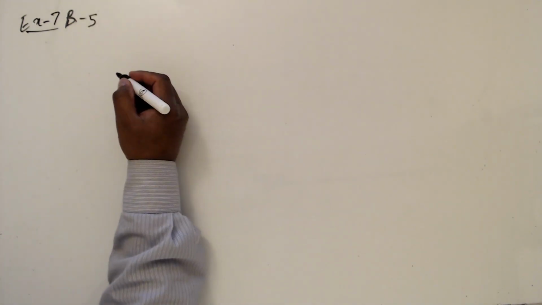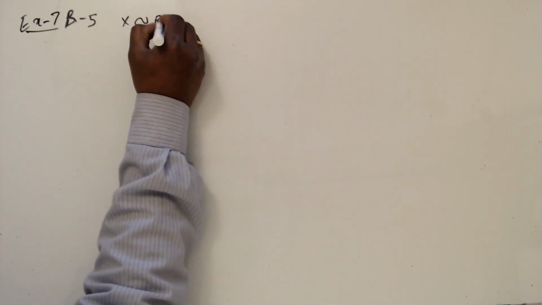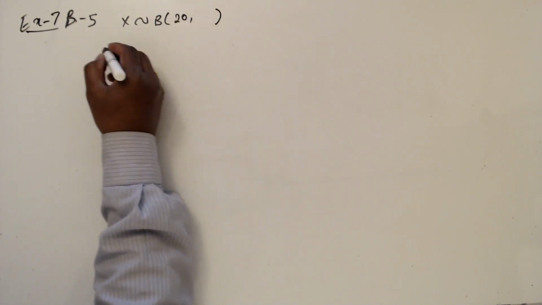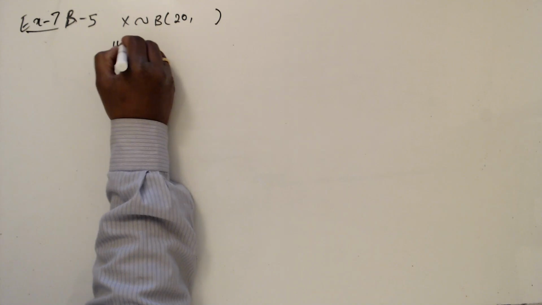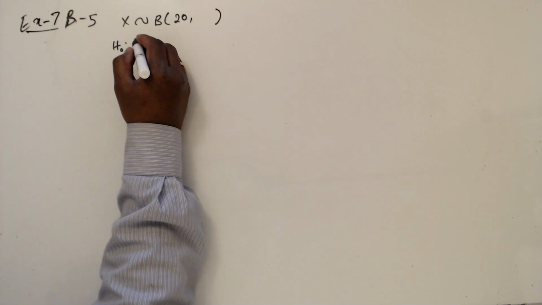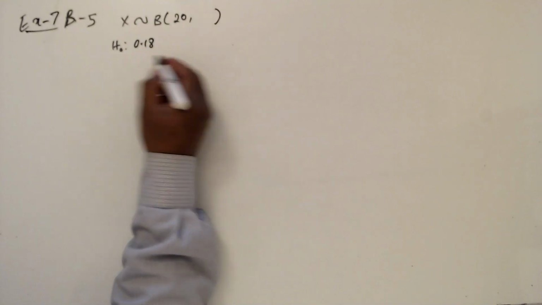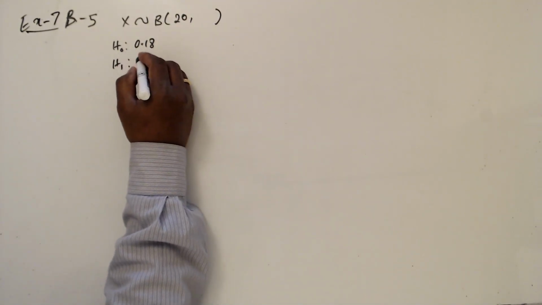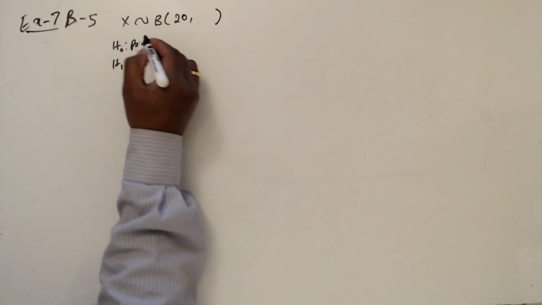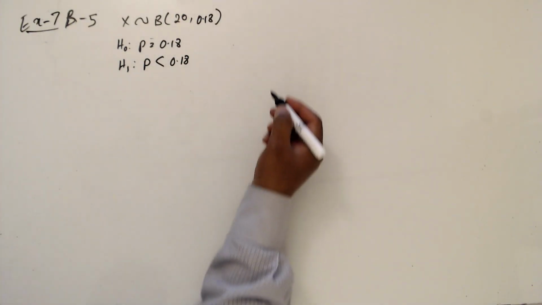Question number 5. Variable X follows binomial (20, p), and H0 is p = 0.18, and H1 is p less than 0.18, so this is going to be a lower tail test.